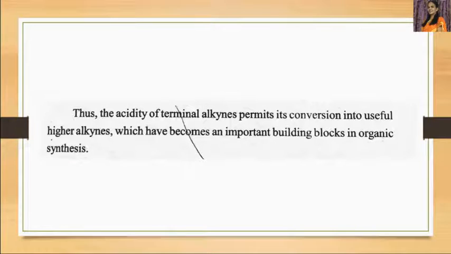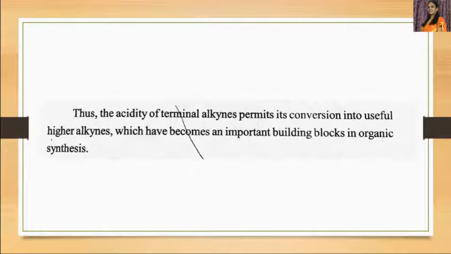Thus, the acidity of terminal alkynes permits their conversion into useful higher alkynes, and they have become important building blocks in organic synthesis. Okay, so this is about the preparation of higher alkynes due to the acidity of alkynes, especially terminal alkynes, where the hydrogen atom can be easily replaced by metals like sodium, potassium, magnesium, lithium, etc.